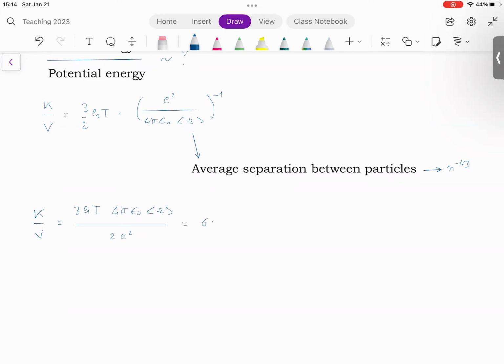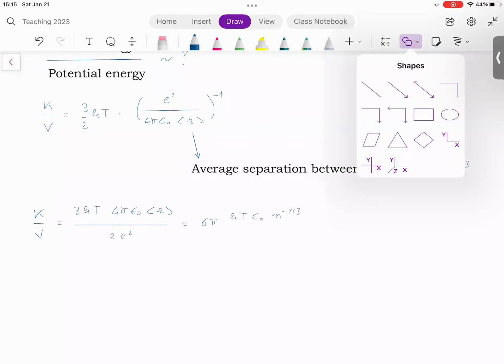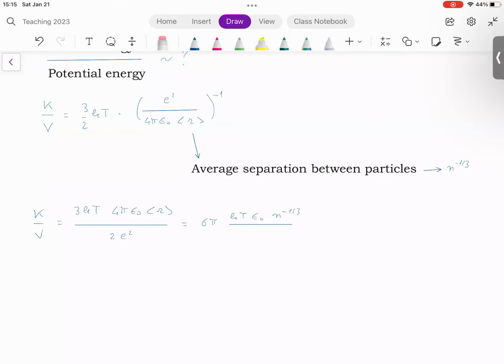Simplifying, I get a 6 pi, then kT epsilon 0. For R, I get n to the minus 1/3 divided by e squared. And if you put all the pieces together, you find that this is actually 6 pi plasma parameters to the 2/3.